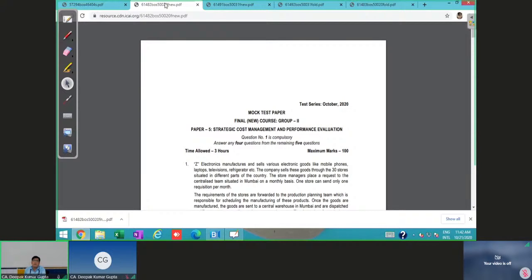How can we solve the issue? First, go through the entire case study one time or two times. Simultaneously prepare notes by defining key issues.